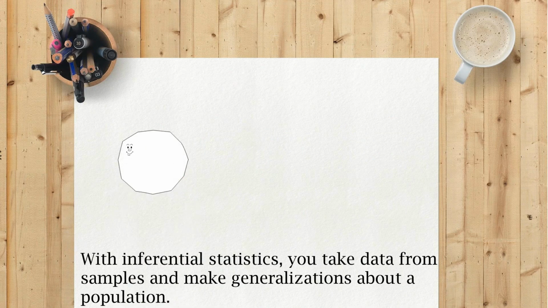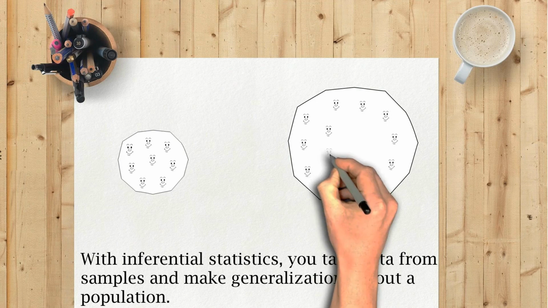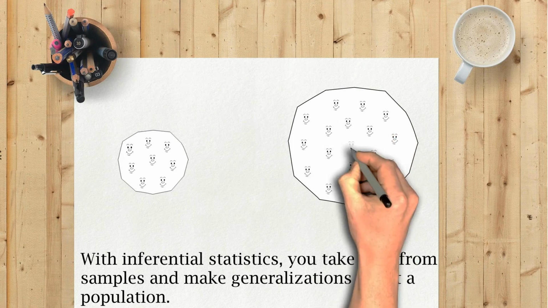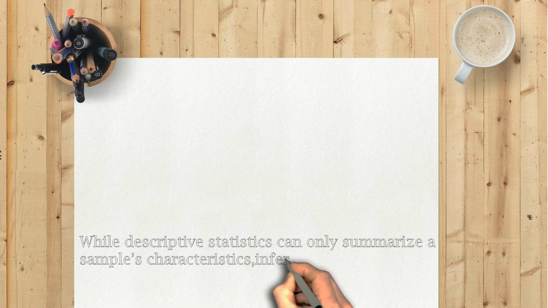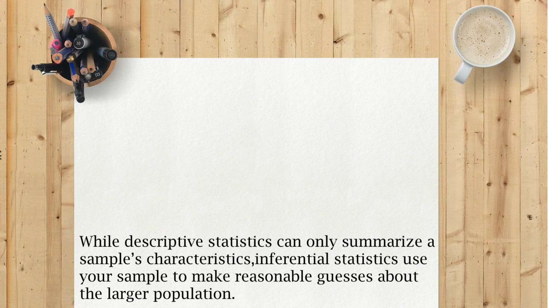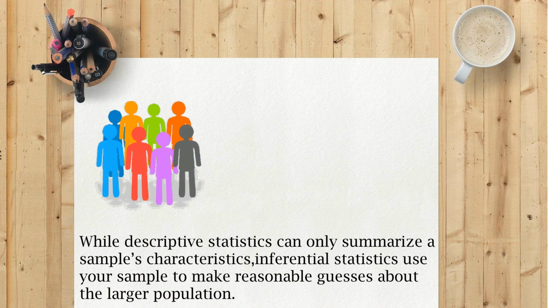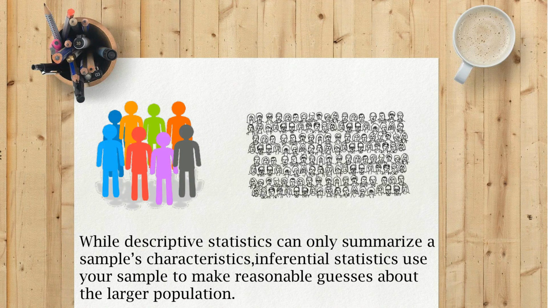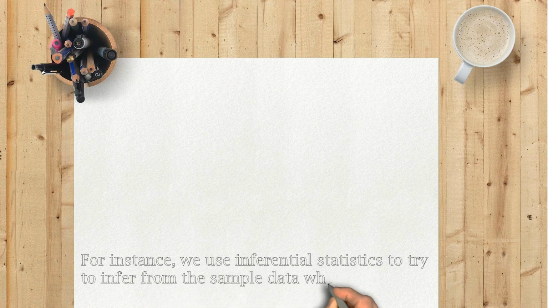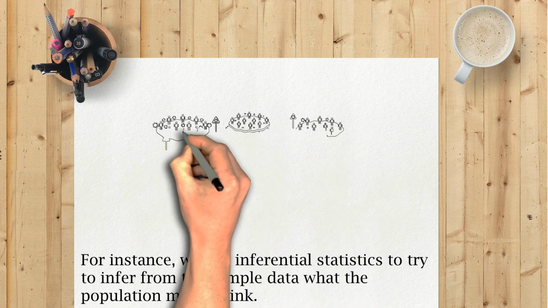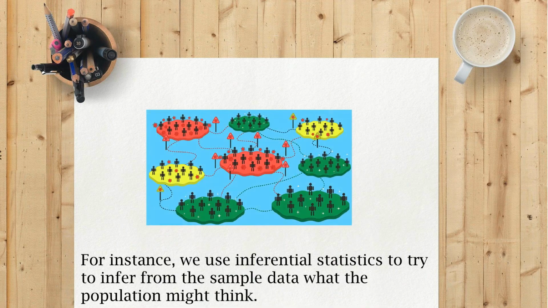With inferential statistics, you take data from samples and make generalizations about a population. While descriptive statistics can only summarize a sample's characteristics, inferential statistics use your sample to make reasonable guesses about the larger population. For instance, we use inferential statistics to try to infer from the sample data what the population might think.